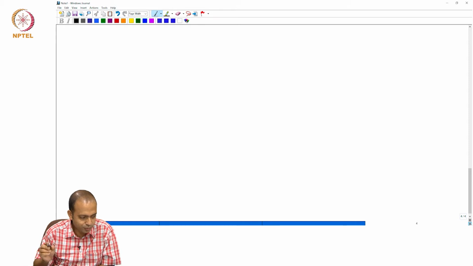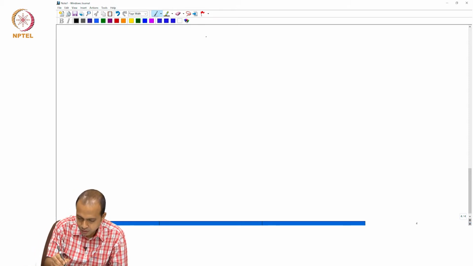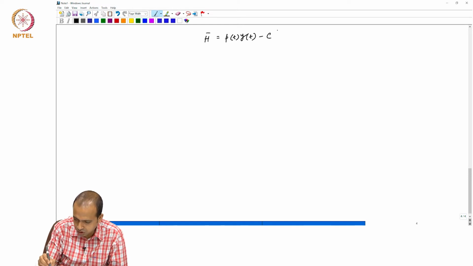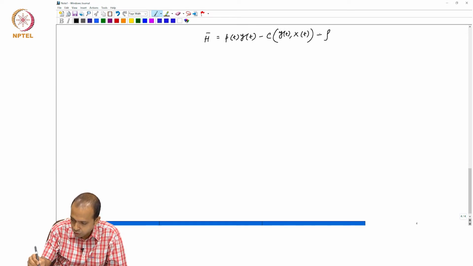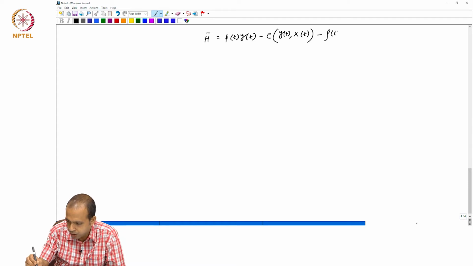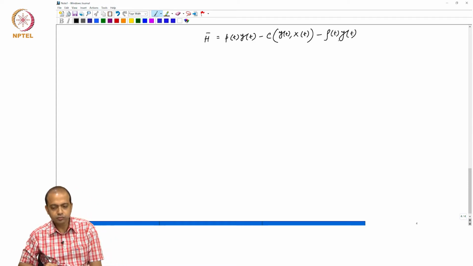The current value Hamiltonian H bar would be P t into Y t minus C into Y t x t minus rho t into y t. Okay.